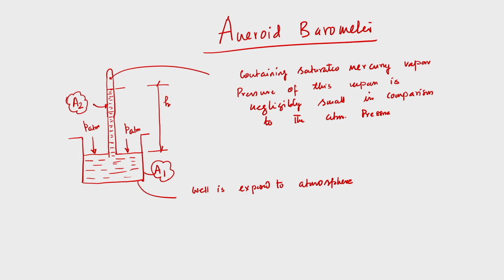This h is the height of the mercury in the vertical arm, and this height h is a measurement of the atmospheric pressure.